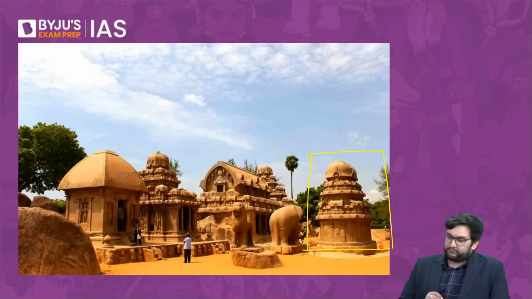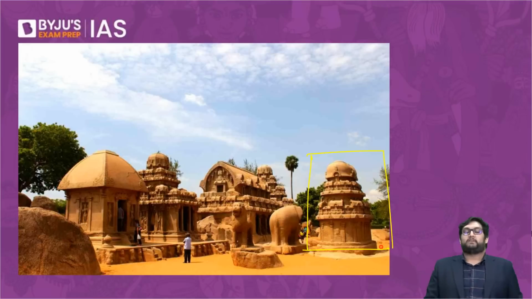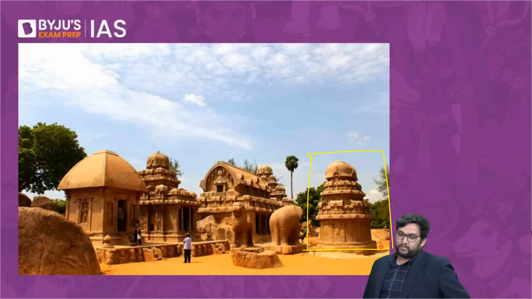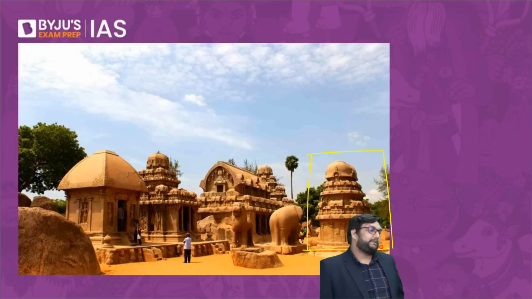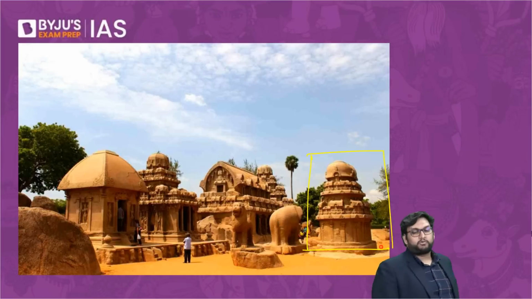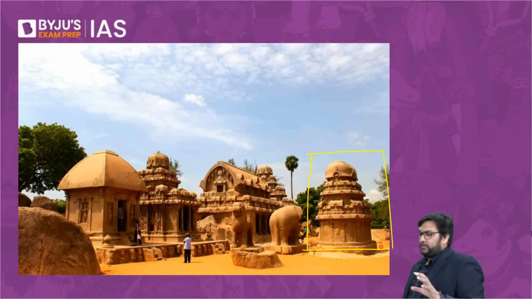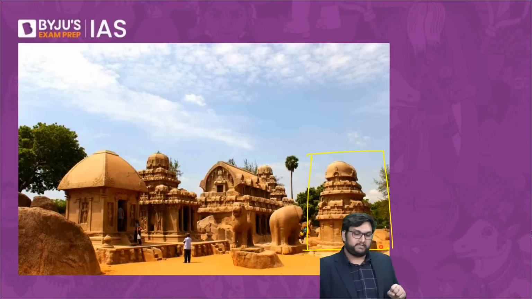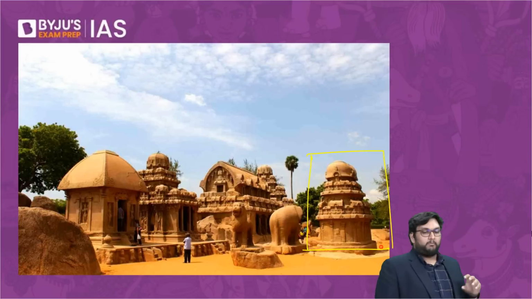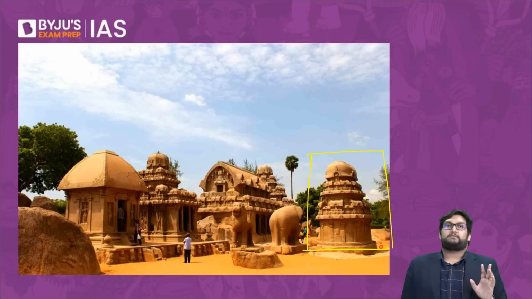But the problem they saw at Mahabalipuram was that these rocks were starting to crack after a point. By cracking at that point of time, two of these raths were left incomplete itself.